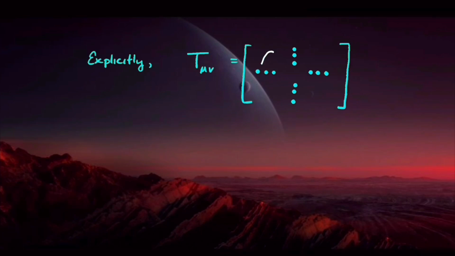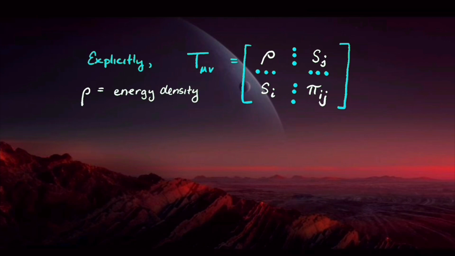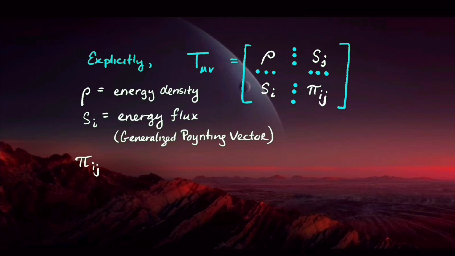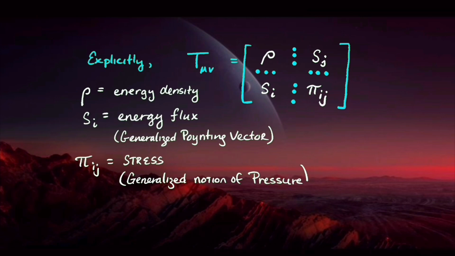Explicitly, the stress-energy tensor can be broken up into component parts. Rho represents the energy density, S sub i the energy flux, which is a generalized Poynting vector, and pi sub ij is the stress, which is a generalized notion of pressure.